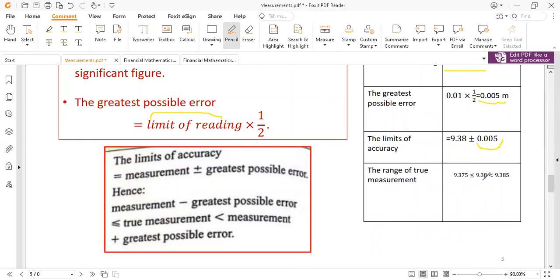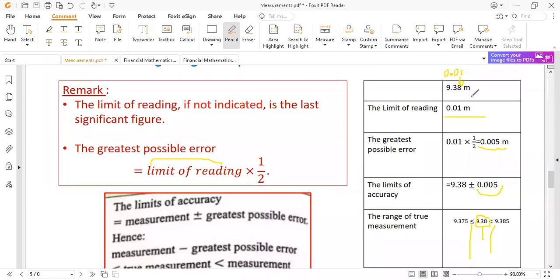Normally between these two inequality signs, we put the true number 9.38, and to the left we subtract, or we can use the limits of accuracy. It is 9.38 minus 0.005 to the left, and plus 0.005 to the right.